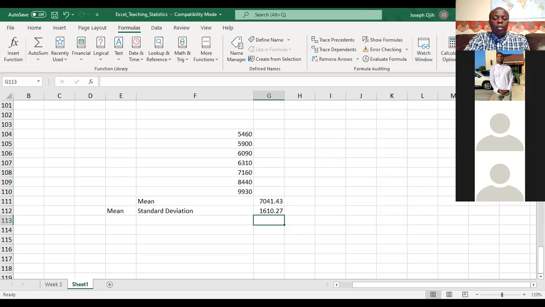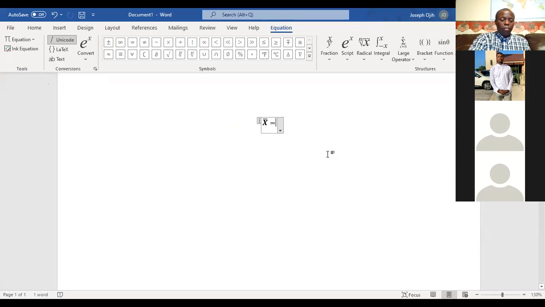So I'm going to go over there and put all these things in. For the sample mean, we have 7041.43, and this is the sample mean. Sample standard deviation s is 1610.27. I'm going to copy this and paste it there.